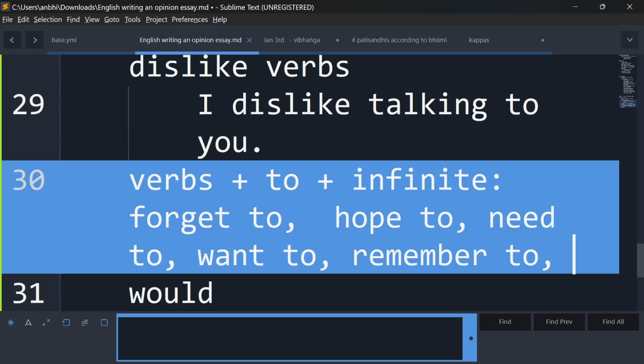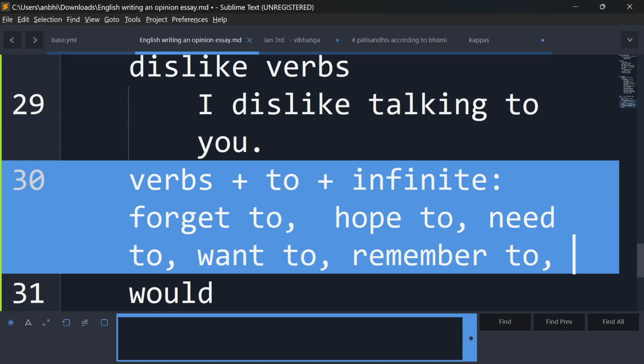Come to, because you have to think of another verb, not come to the class. You understand? We are thinking about two verbs together, not a verb and some noun. Start to do. Start to work. Let's start working.